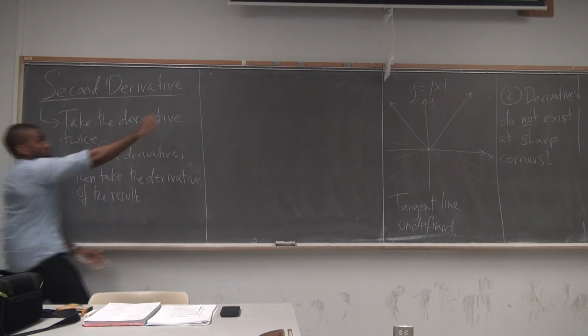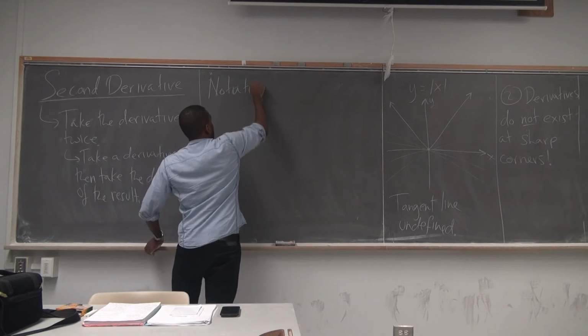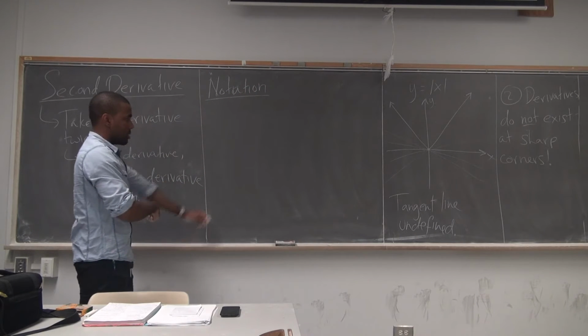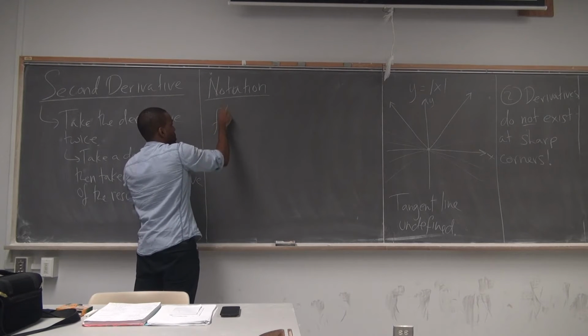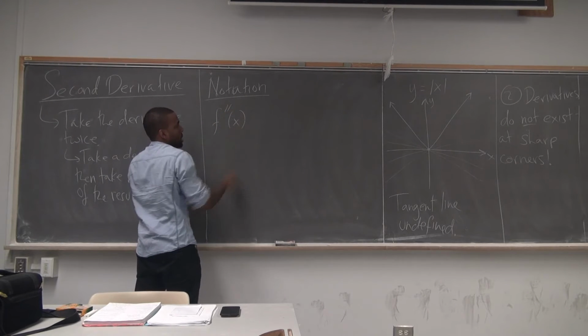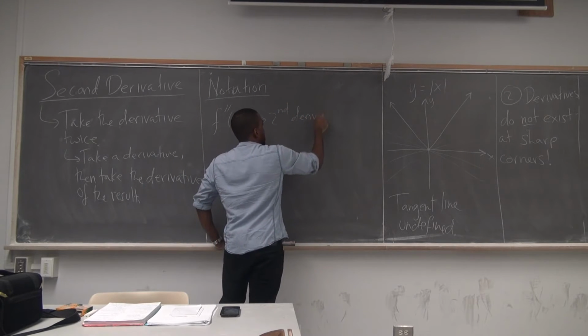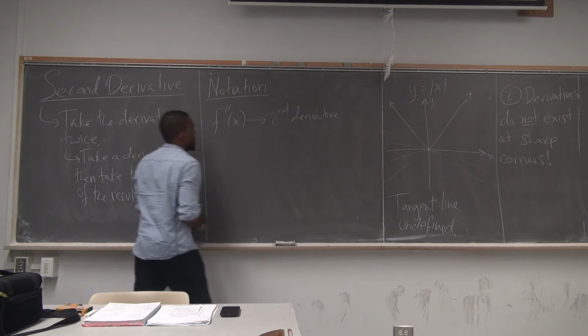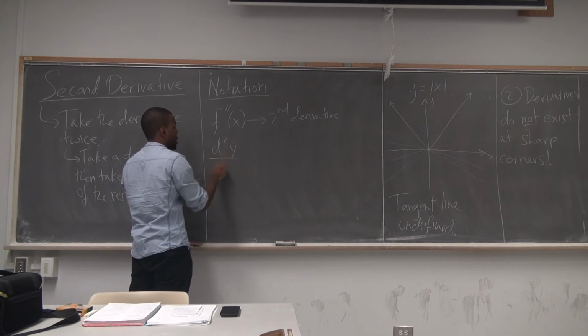Right? So notation, I already kind of mentioned it when I did the physics example, is 2 primes. So f, you write a double prime. That means second derivative. Or you might see the dy dx notation, this is what it would look like.